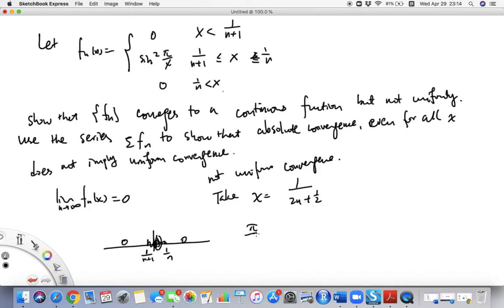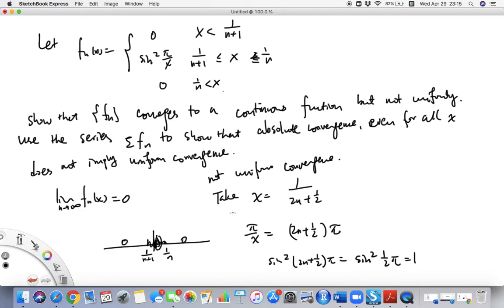Then pi over x is equal to (2n + 1/2) times pi, right? So sine squared of (2n + 1/2)pi is the same as sine squared of pi/2. And sine of pi/2 is equal to 1, and does not go to 0. So the convergence is not uniform.